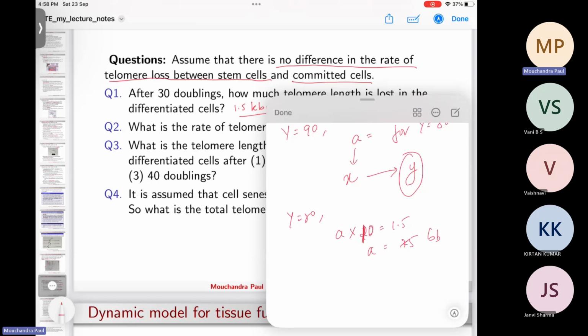Sorry. A will be 15 base pair. 0.15. Oh, sorry, 150 base pair. Okay, A will be 150 base pairs. That is A, the rate of telomere loss.